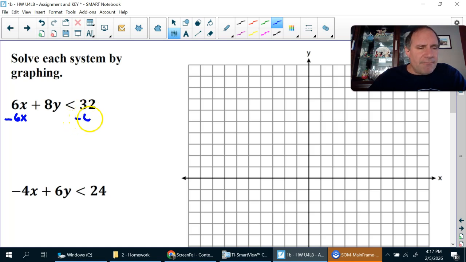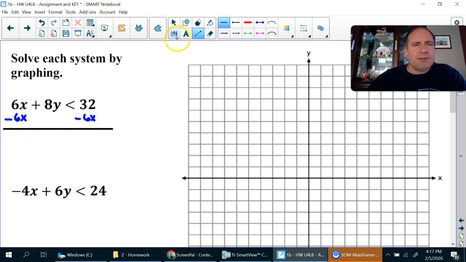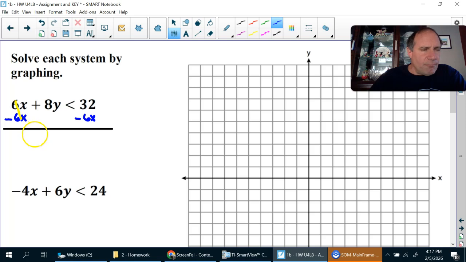To get the y alone, we are going to subtract the 6x on both sides. This cancels, and you bring down the 8y exactly where it is, and you bring down the inequality sign, which is a less than.